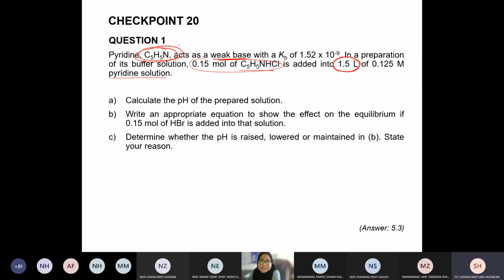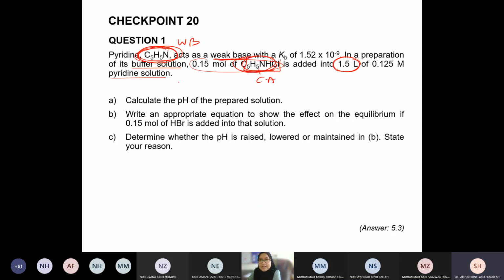So bila you dah tahu this is weak base and this is the conjugate acid, the salt, dalam salt we have the conjugate acid, sebab nampak tak dia punya component tu ada dekat dalam tu. The component of pyridine. So you tahu dia adalah buffer. Soalan ni tak mencabar sangat.